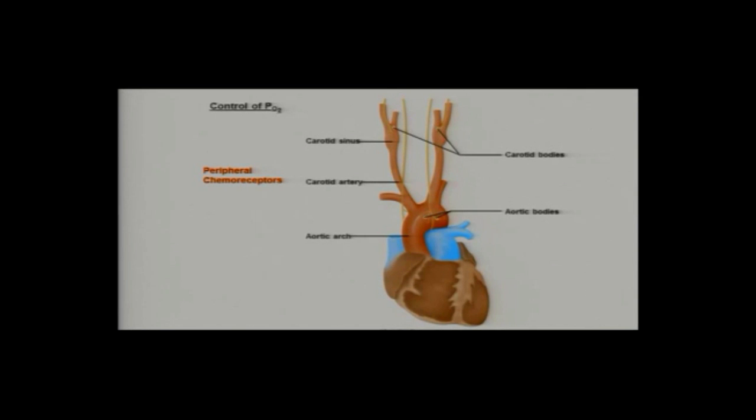So the CO2 levels in your blood fluctuate much more than your O2 levels. By using CO2 to control breathing, you're allowing for the adjustment of breathing before you ever see a change in O2. It's that prediction that I was describing.